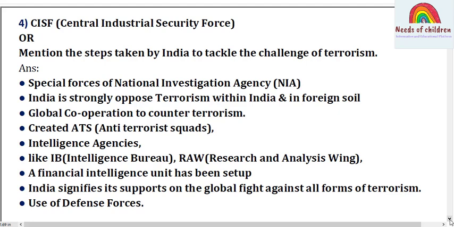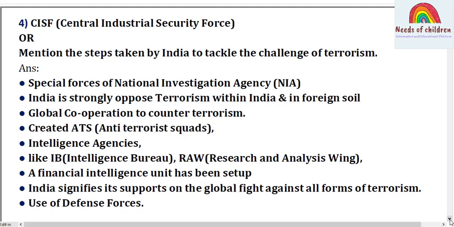So let's move on. What are the challenges for terrorism? Tackle the challenges of terrorism. Special Forces of National Investigation Agency, that is NIA. India is strongly opposed to terrorism within India and on foreign soil. Global cooperation to counter terrorism.